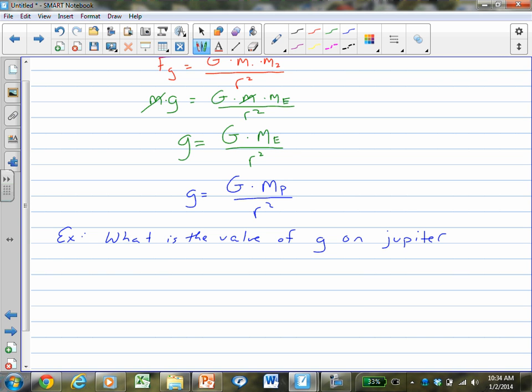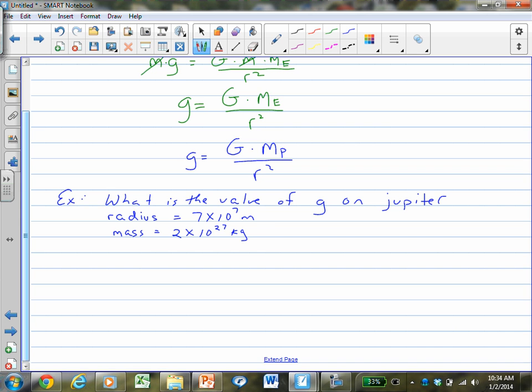The radius of Jupiter is 7 times 10 to the 7 meters approximately. And the mass of Jupiter is 2 times 10 to the 27th kilograms approximately. So we could just calculate it.